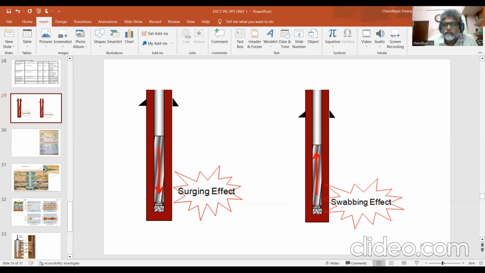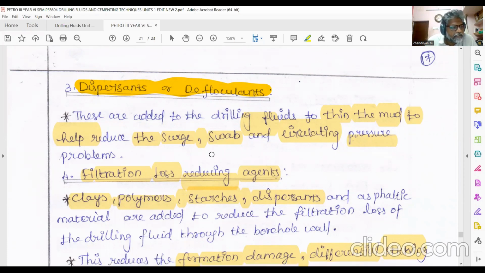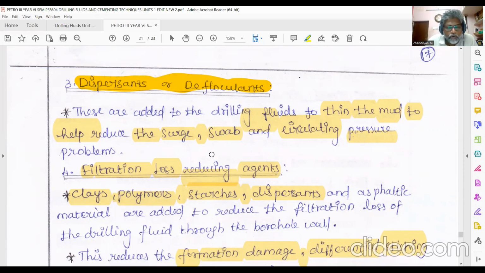Going back to the material at hand, filtration loss reducing agents: the clays, polymers, starches, and dispersants. Starch is nothing but a white granular organic chemical produced by plants, which is used to add thickness and consistency, to let it not thin and run faster.